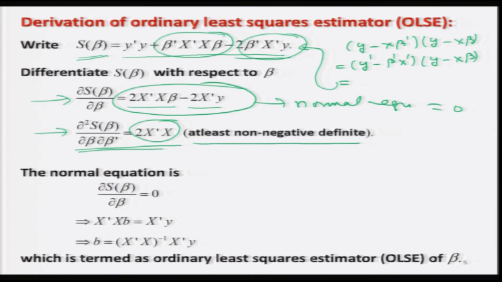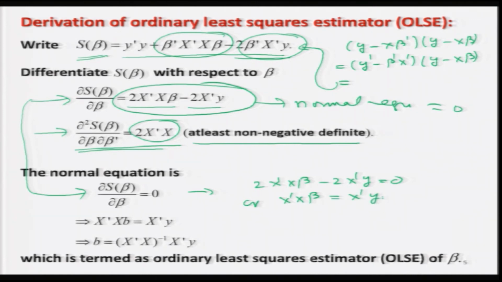So, if you put this partial derivative of S beta with respect to beta equal to 0, we get the normal equation, and solving it gives twice x transpose x beta minus twice x transpose y equal to 0, or I can write x transpose x beta is equal to x transpose y.